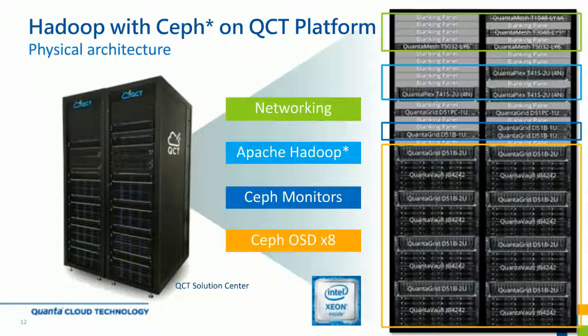They are used as the Ceph OSD nodes. This configuration was set up primarily to reflect this particular solution, the cloud service provider's environment, and to duplicate the exact layout that they have in their labs.